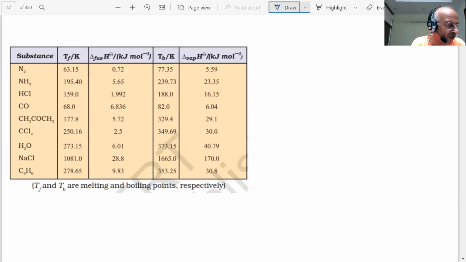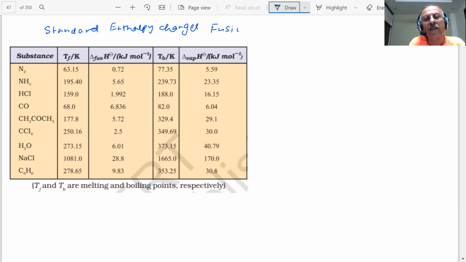So what we are giving you today are standard enthalpy changes of certain substances, fusion and vaporization.